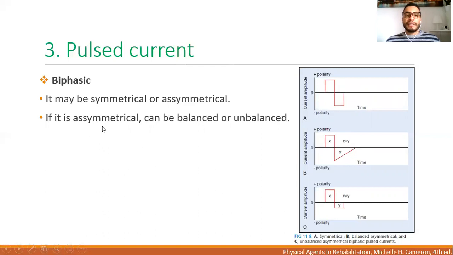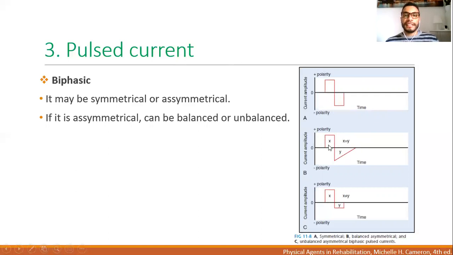If this is asymmetrical, it has also another classification. Asymmetrical currents can be balanced or unbalanced. So still taking this example of a rectangular shape and a triangular shape, this is asymmetrical because the shapes are different.